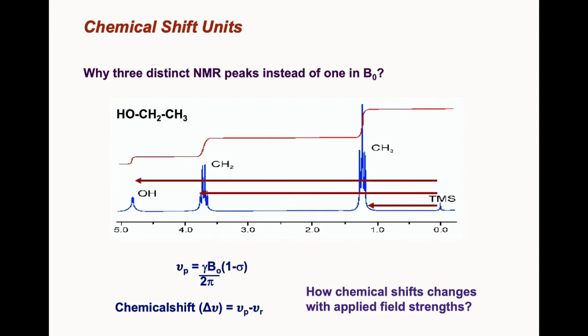Since nu p is directly proportional to the applied field strength, naturally we expect, in the case of the 200 MHz NMR spectrometer, the ethanol chemical shift values will be higher as compared to the 100 MHz NMR spectrometer, which means ethanol is giving different chemical shift values for the same proton depending upon the type of instrument that is being used to record the NMR spectral data.